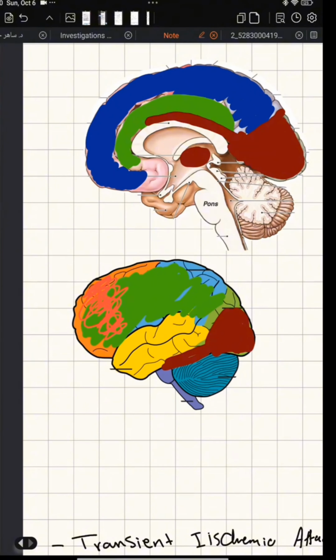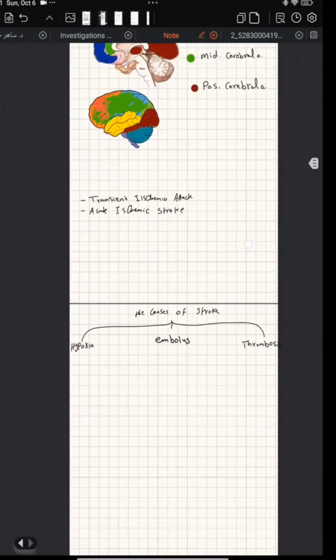So if there's a problem in this artery that supplies the medial side of the frontal and parietal lobe, this will affect the contralateral leg from two sides: movement and sensory feeling. Also, it will affect the contralateral arms and face, but not to the same degree as the leg. The leg is affected more.